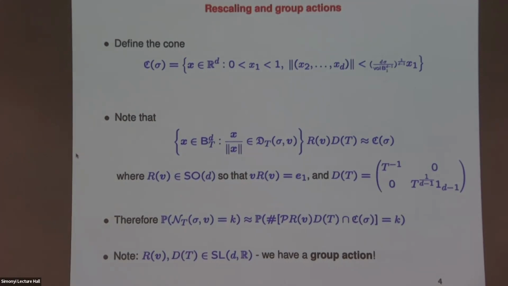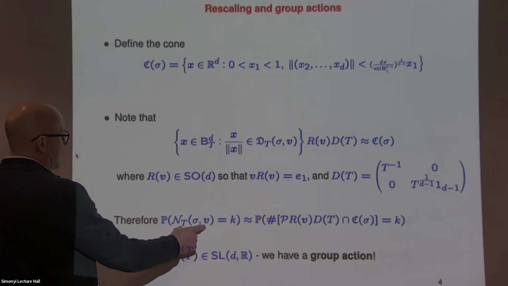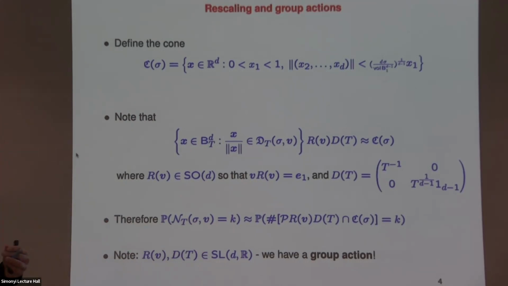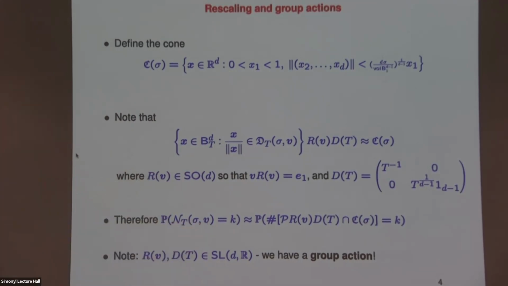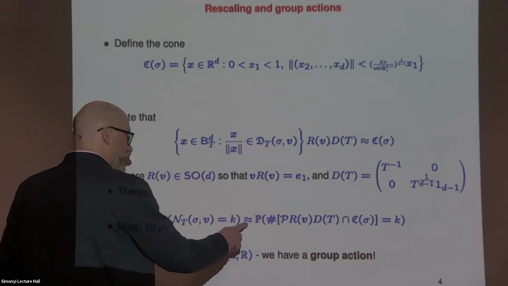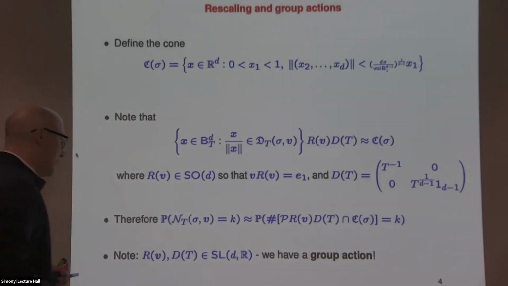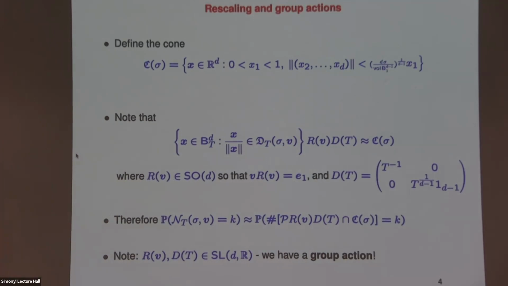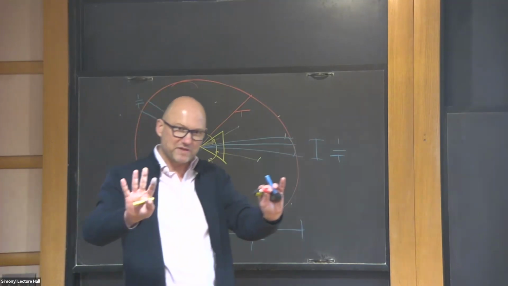And so what we've achieved here is that when we're now interested in the probability that there are k points in our randomly placed small disk, probability here means probability measure on V. You can choose this at random. It doesn't have to be the uniform measure necessarily. You can choose more complicated measures. It is approximately the number of points now in, so when I apply these linear transformations, I have to remember also to apply them to my point set P, right?